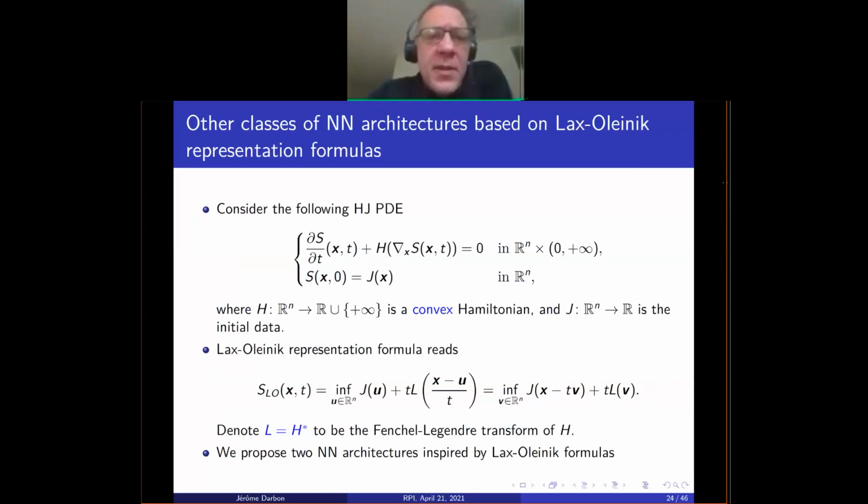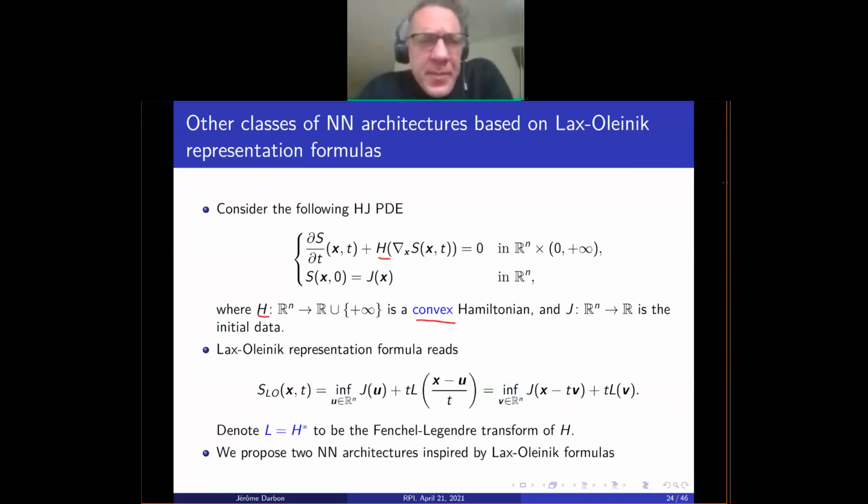I again consider the same Hamilton-Jacobi PDE, where the Hamiltonian H depends only on the spatial gradient of the solution, but I ask here for H to be convex. Before, in part 1, we were asking J to be convex.